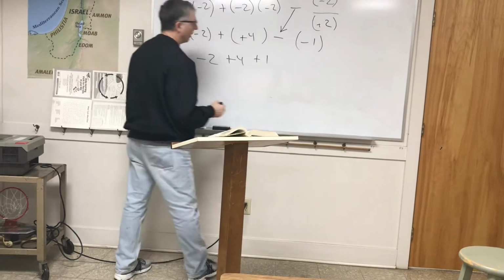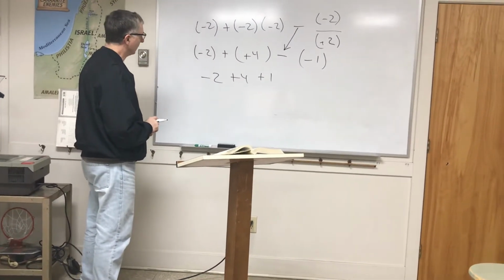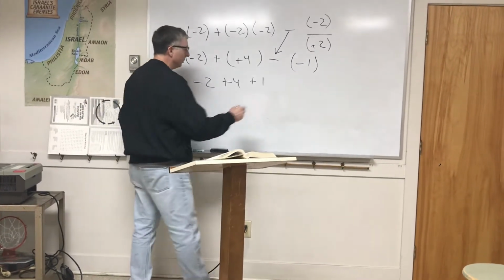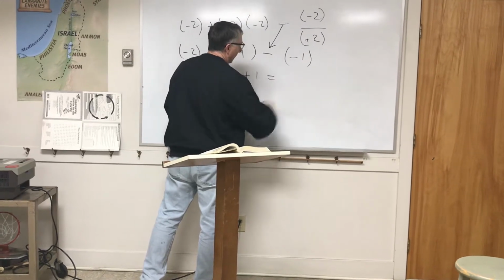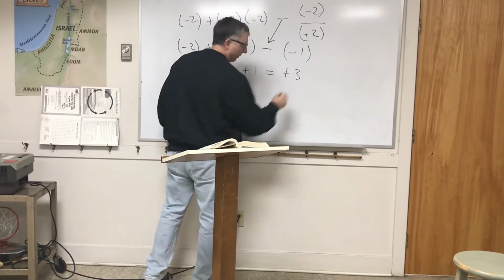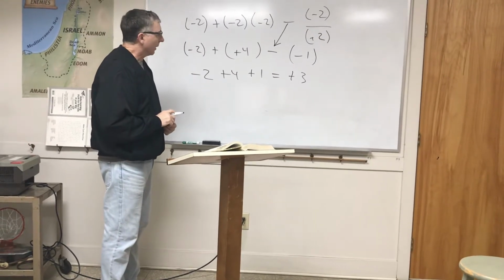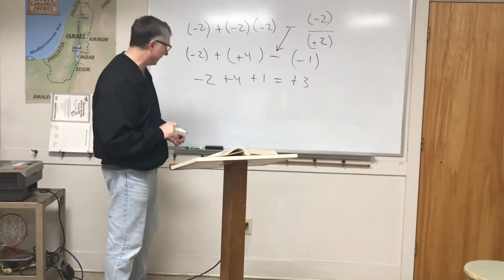Remember that the 1 is positive because we have an even number of negative signs. So we add the positive, so that's 5 and a -2, and so we have a +3. That's pretty easy. Let's go on to example 2.